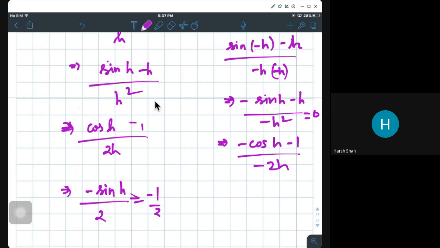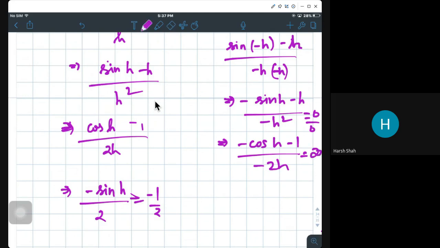0 by 0 will only come, so I'll use L'Hospital's rule. This is again 0 by, this is minus 1 upon minus 2. So this is minus 2 by 0, infinity.